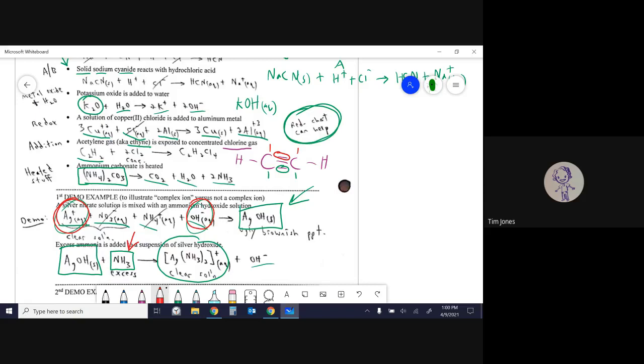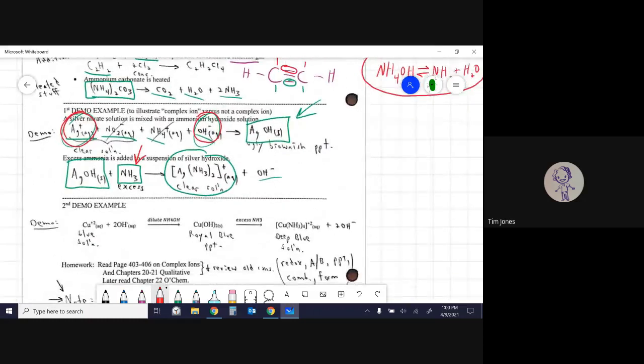Well, it turns out something that we're going to need to be aware of is ammonium hydroxide solutions are always in equilibrium with ammonia and water. So when I do this demonstration, this is one chemical. It's the same thing. They're just in equilibrium with each other. I'll show you when we get there.